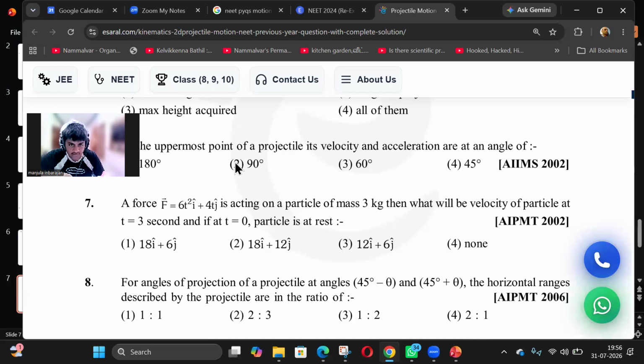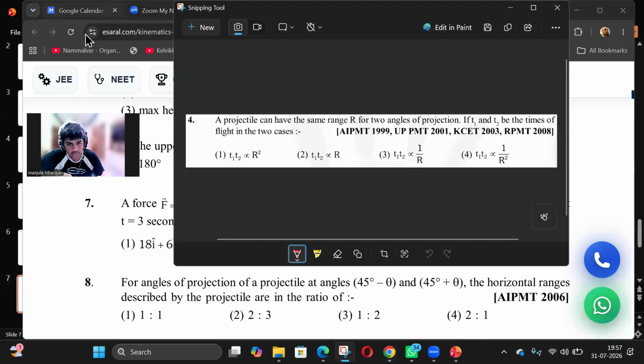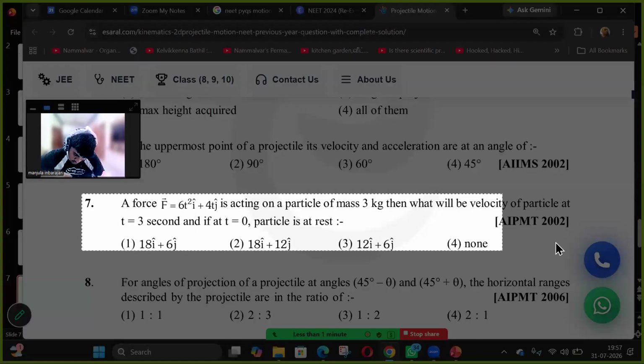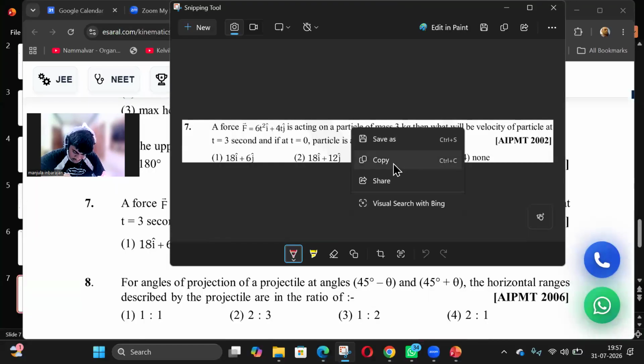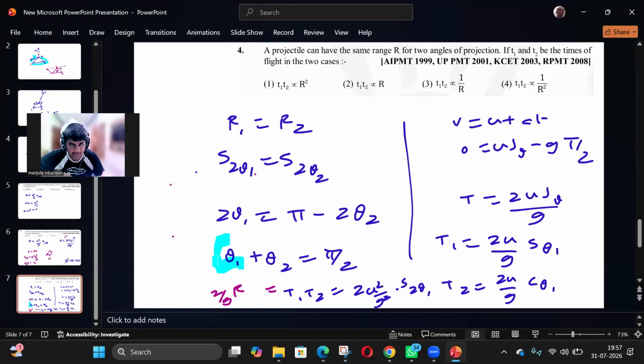First get the acceleration, force by mass. Once you know the acceleration, how do you find velocity? m into v by t equals force.